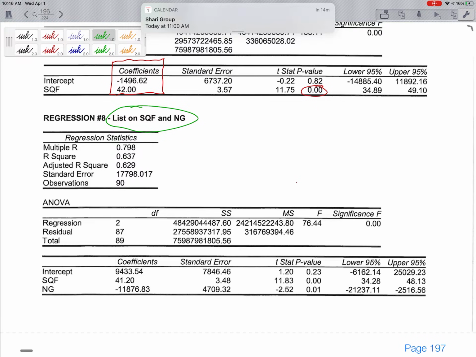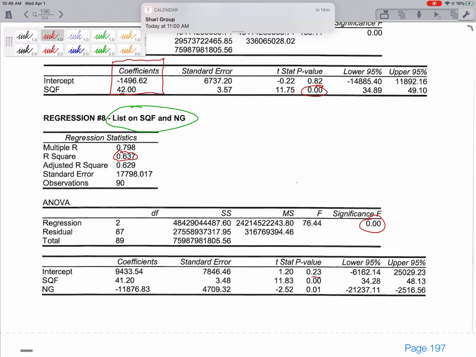The R squared value actually goes up a bit. So it went from 61.1 to 63.7%. Overall, of course, the two variables together are quite significant according to the ANOVA test, the significance of the F.